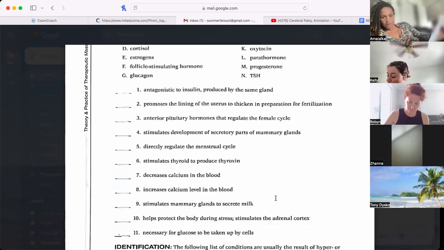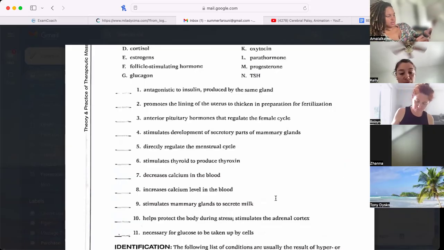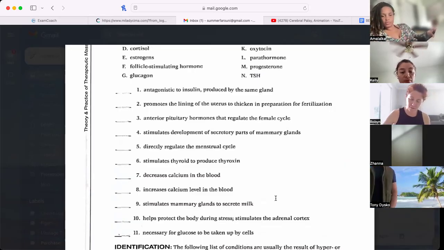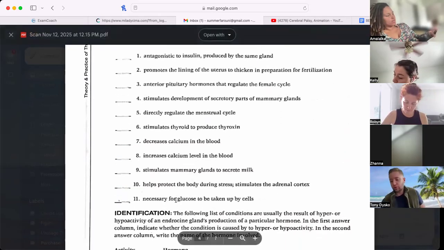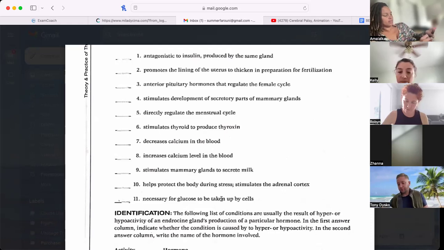Okay, kind of a mouthful. Good. And what's left? Necessary for glucose to be taken up by the cells. Insulin. Yes, highlight that as much as you can. Insulin, super important.